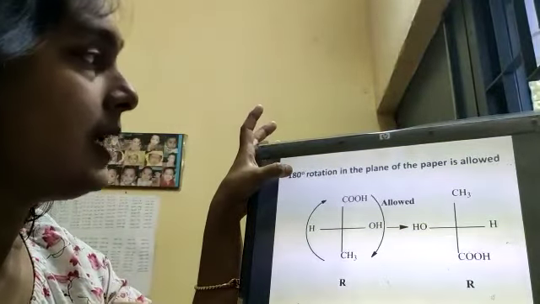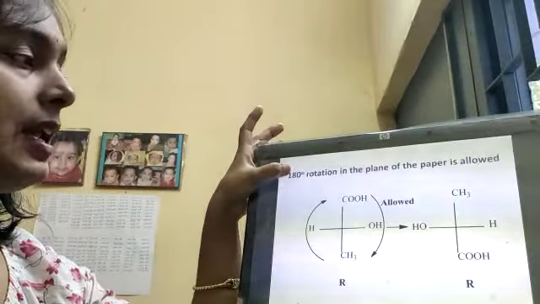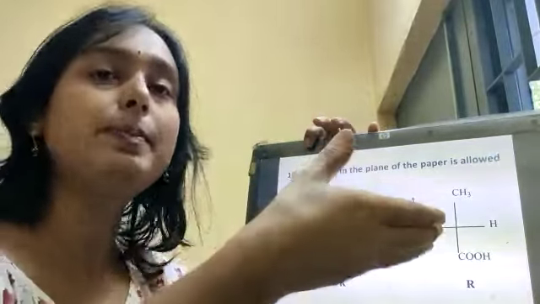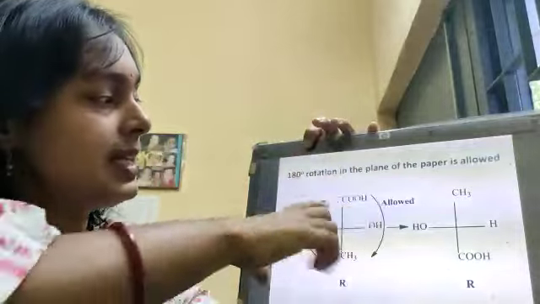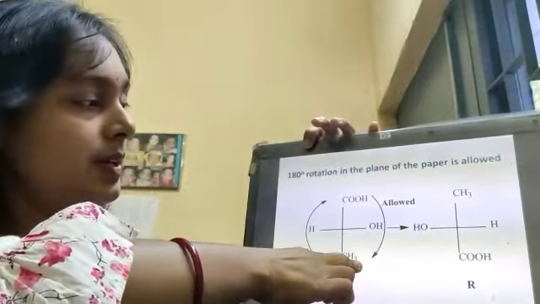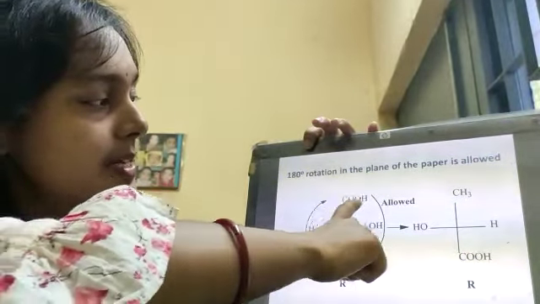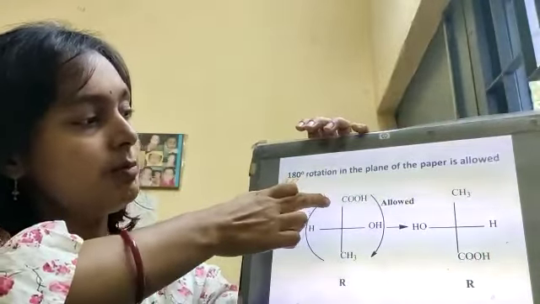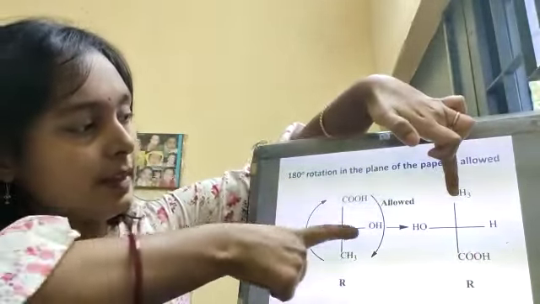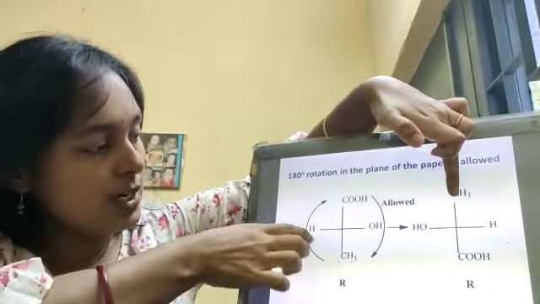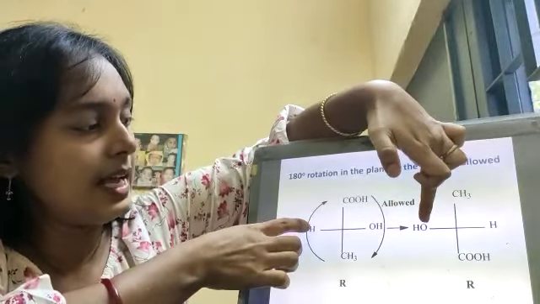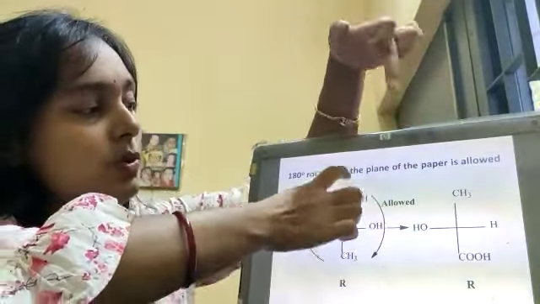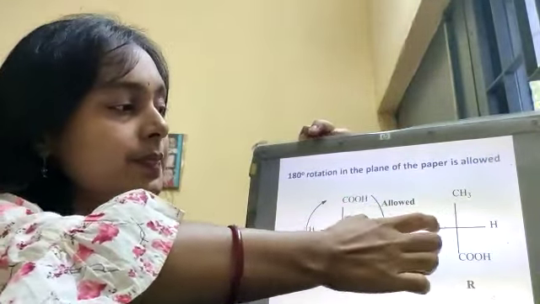180 degree rotation in the plane of the paper is allowed. The previous one was out of the plane. It was not allowed, but this is in the plane of the paper. Then see that CHO comes over here, CH3 comes over here, OH after rotation will be coming over here like that, and that hydrogen after 180 degree rotation in the plane of the paper will be coming over here.